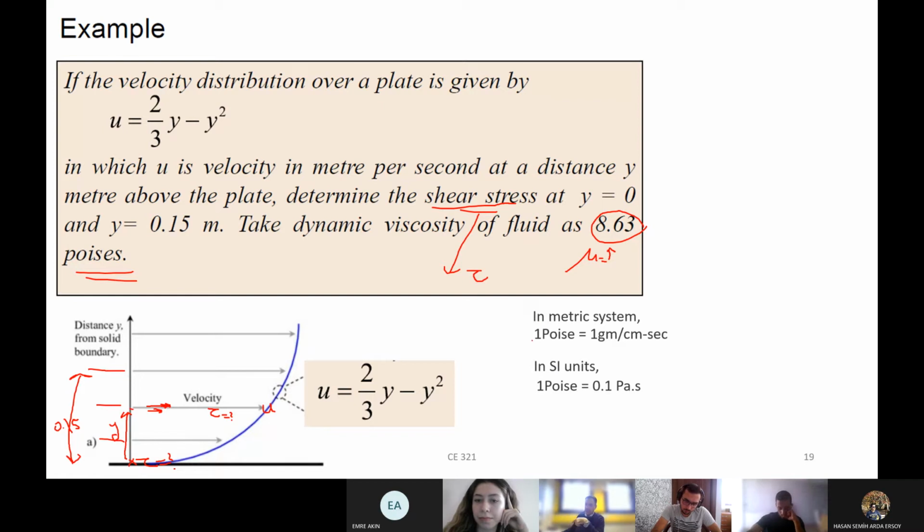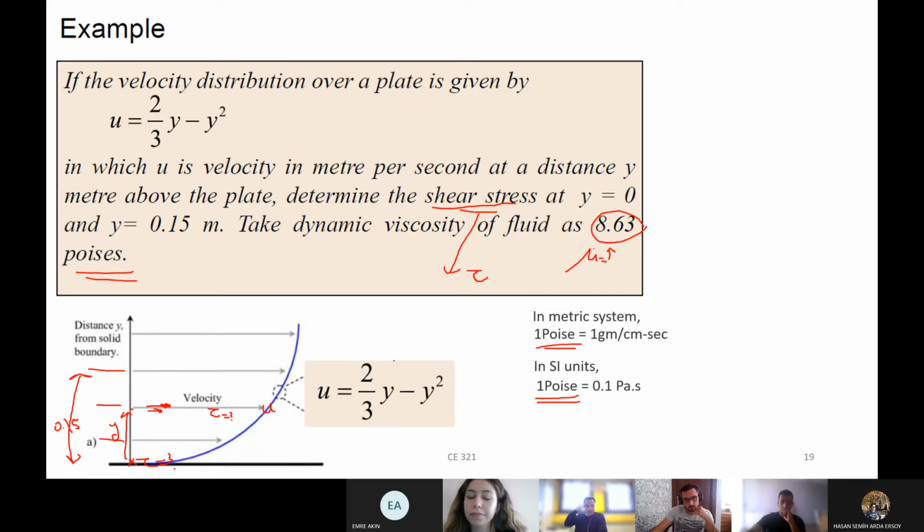In the metric system, the unit of viscosity is poise. But what is the poise? One poise equals 1 gram per centimeter per second. And in the SI system, one poise equals 0.10 Pascal second. Therefore, if I divide this by 10, it gives me Pascal second.